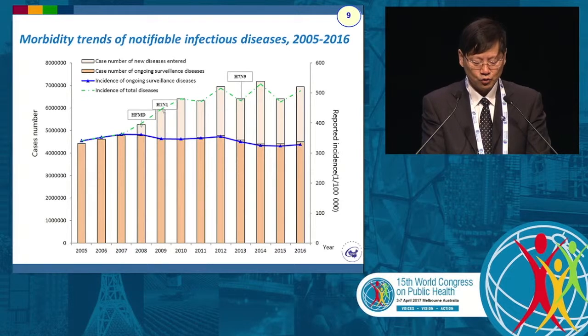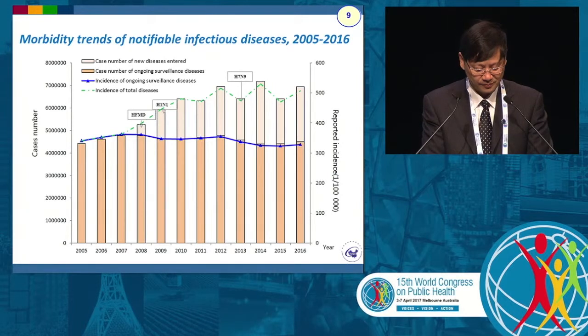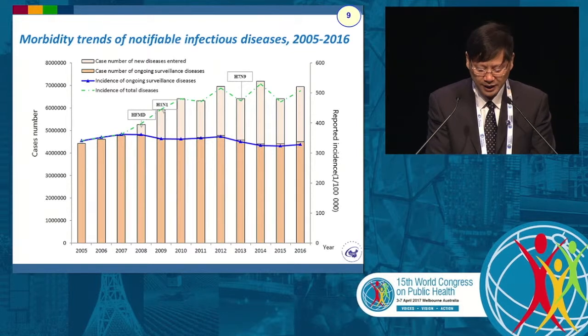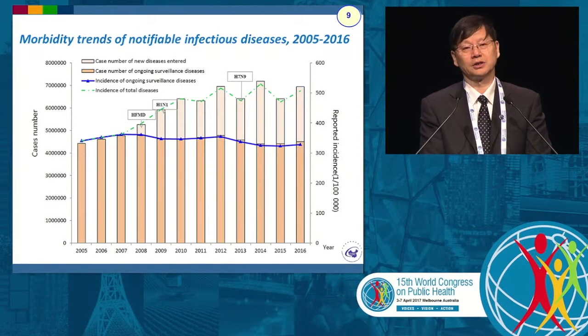However, we can remove the data from these newly added diseases. It's obvious that the total incidence of the ongoing reported notifiable infections was gently stable, ranging from 320 to 360 per 100,000 population.